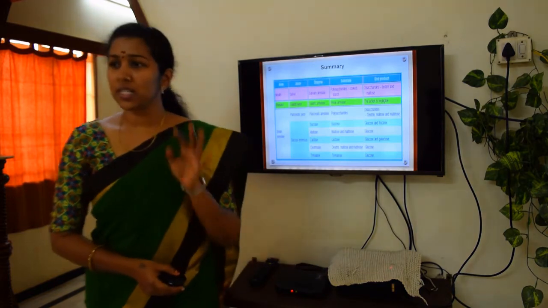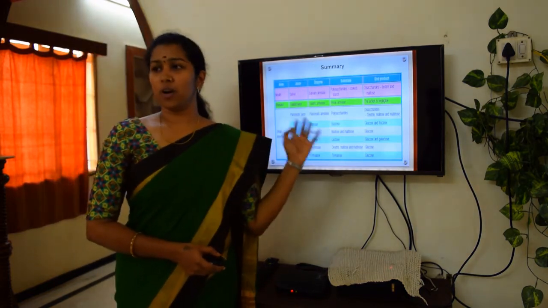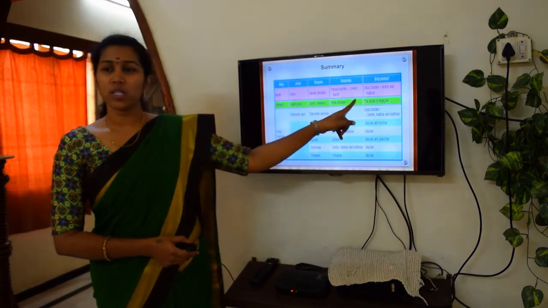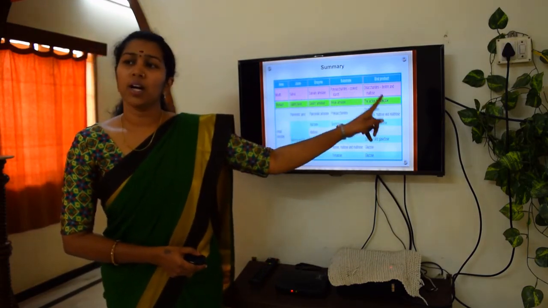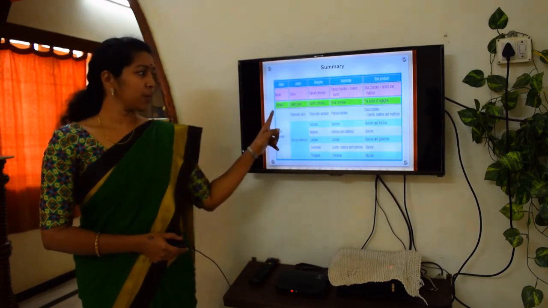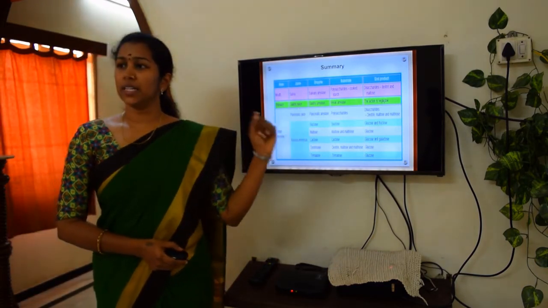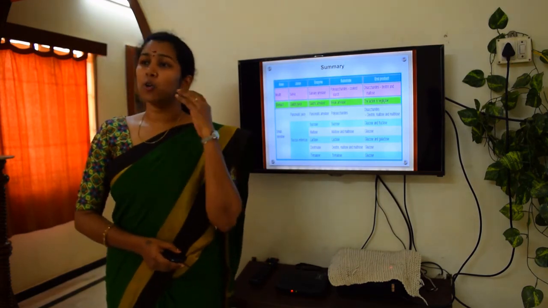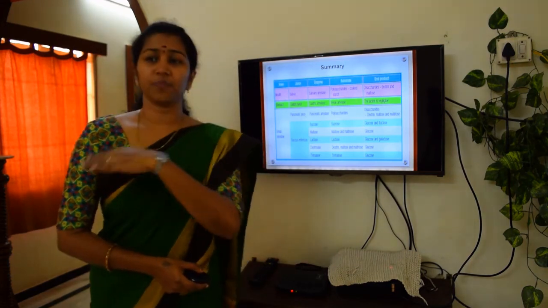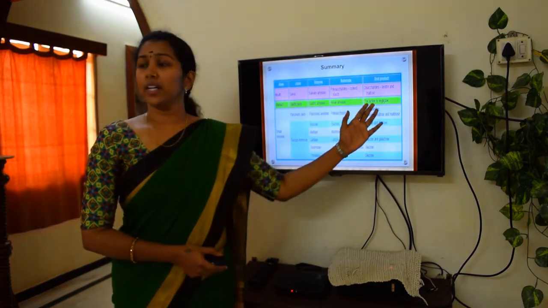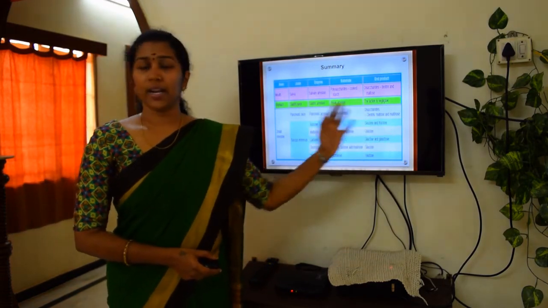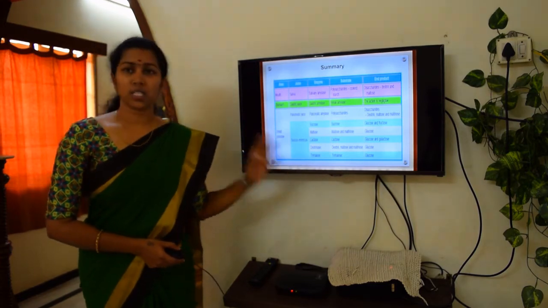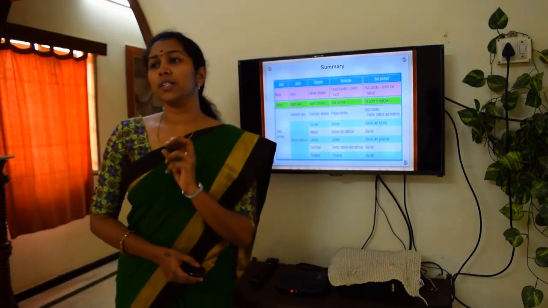Let me quickly summarize the digestion of carbohydrates. It starts from the mouth with the saliva having salivary amylase, which converts polysaccharides into disaccharides, and these will enter into the stomach where the gastric juice containing HCl is secreted. It will make the food highly acidic and also makes the amylase weak, so the digestion is very negligible, and this highly acidic food enters into the small intestine where the pancreatic juice and succus entericus are there.